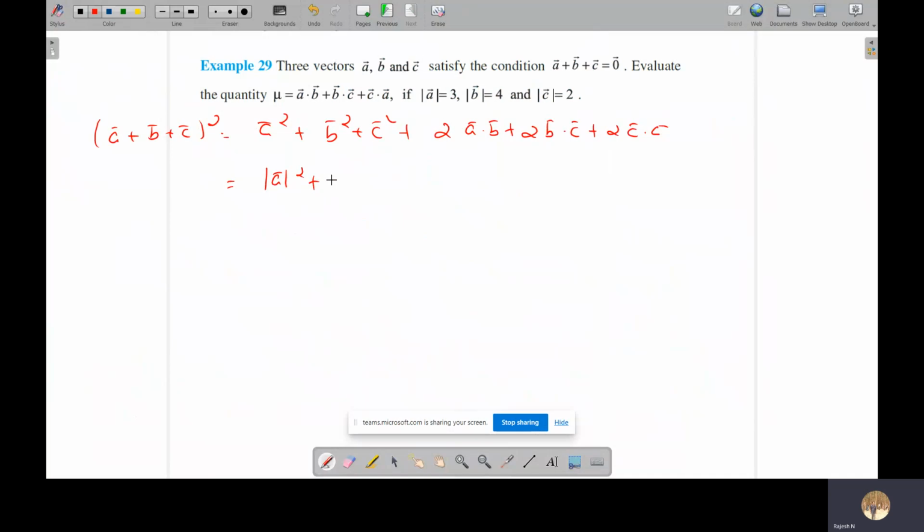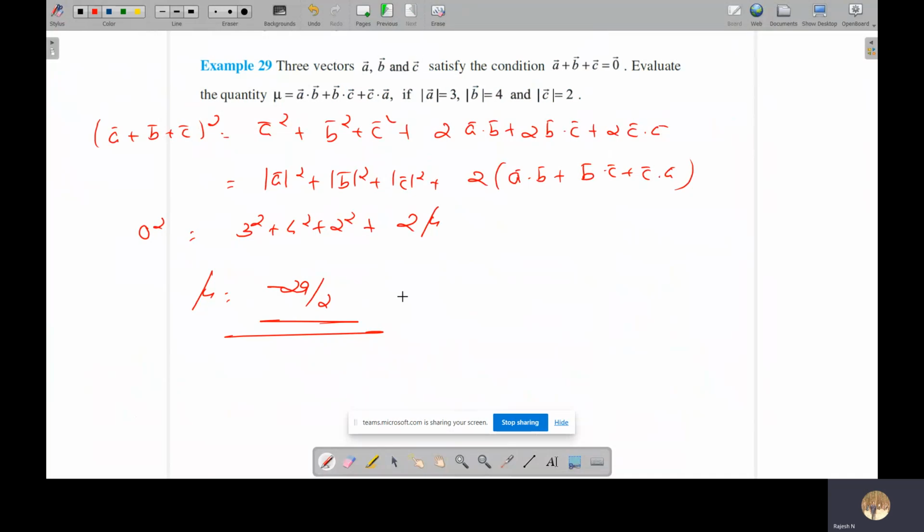This is 0. So 0 squared is equal to 3 squared plus 4 squared plus 5 squared plus 2 into mu. So mu is equal to minus 50 by 2, minus 25. This is the answer.